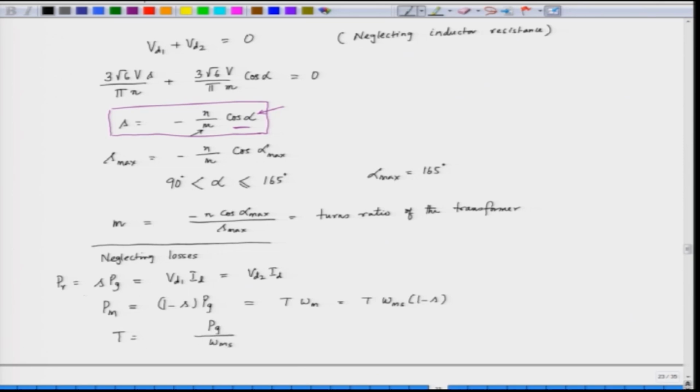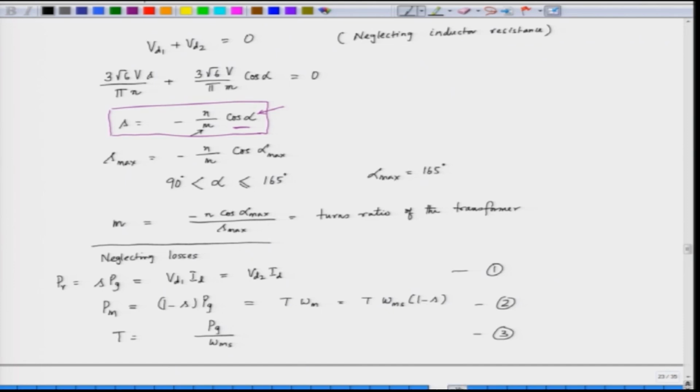So, what is P g? Let us say this is our equation 1 and this is our equation 2, and what we obtain here is equation 3. P g can be obtained from equation 1, and substituted in equation 2.